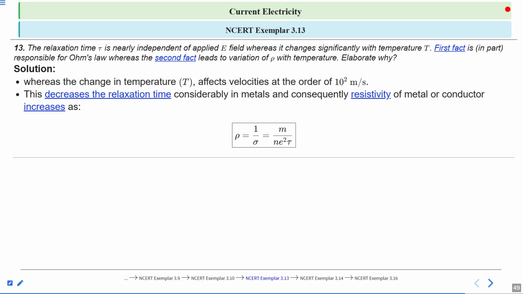Why is the relaxation time decreasing? Due to the increase in temperature, there are more frequent collisions and an increase in velocity, and that increase is significant, of the order of 10 raised to 2 meter per second.